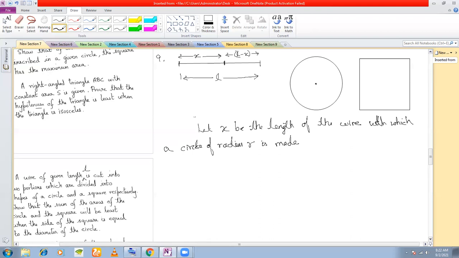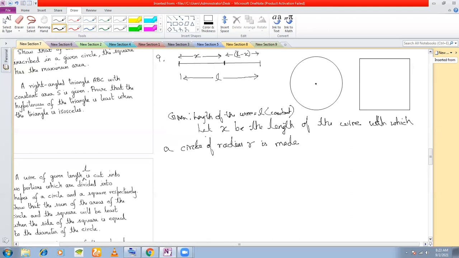Okay. So also what is given here? Given here is length of the wire equal to L. So if the length is given, that means L is a constant.